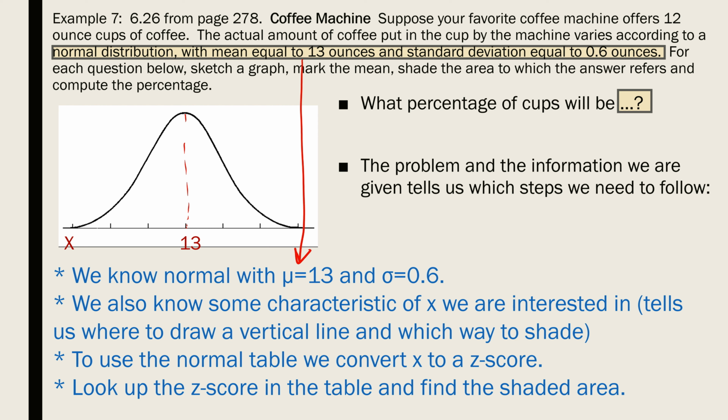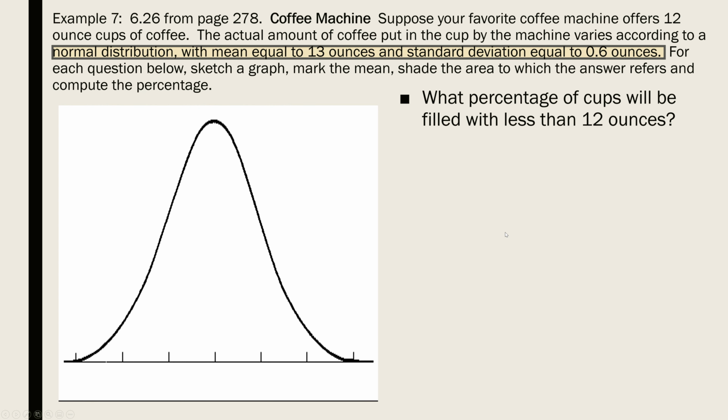I'll explain this sentence in the next slide. Next, to use the normal table, we need to convert x to a z-score. Last, we need to look up the z-score in the table and find the shaded area. A particular question could be, what percentage of cups will be filled with less than 12 ounces?